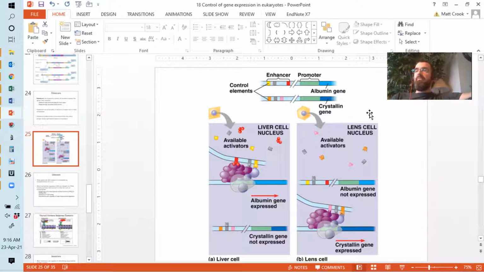And crystalline, and I do know what crystalline does. Crystalline is expressed in your lens cells, the cells that make up the lens in your eye. After a certain step of development, those cells need to be clear.